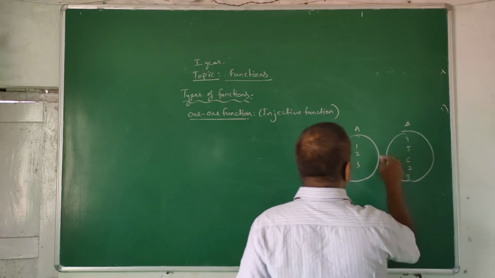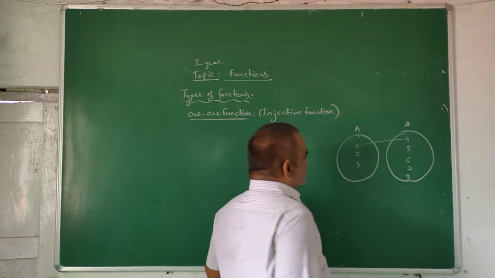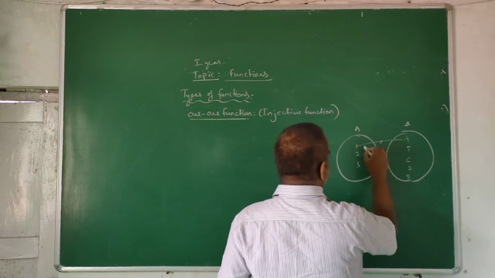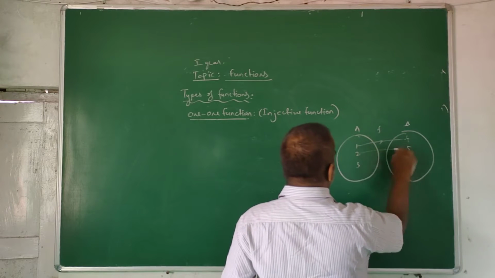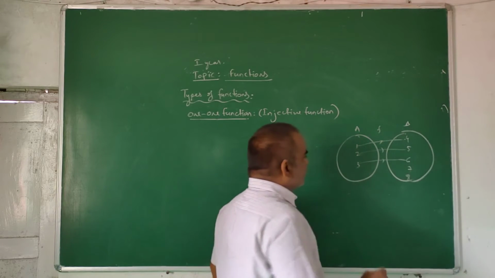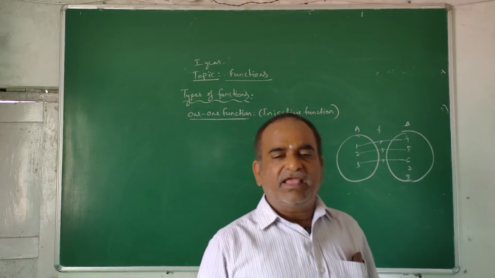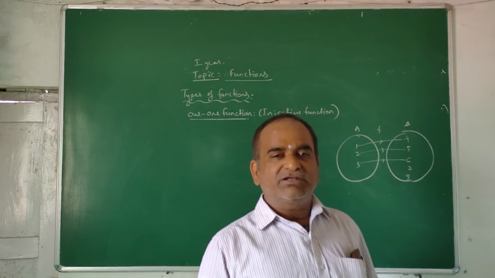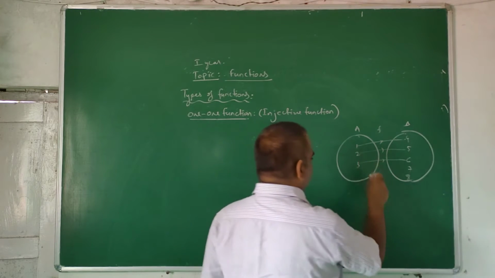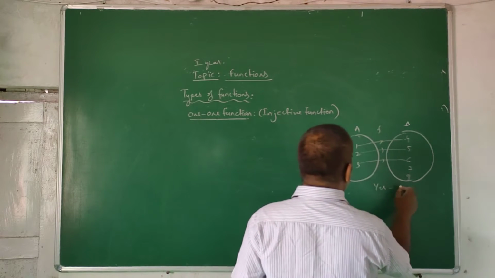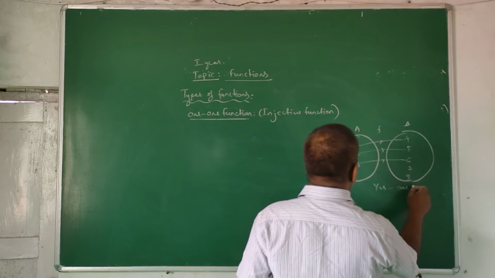Now say the image of 1 is 4 under the function f, image of 2 is 5, image of 3 is 6. So here all the different elements of A are having different images. So it is one-one function. Clearly different elements of A are having different images in B. So yes, it is one-one function.